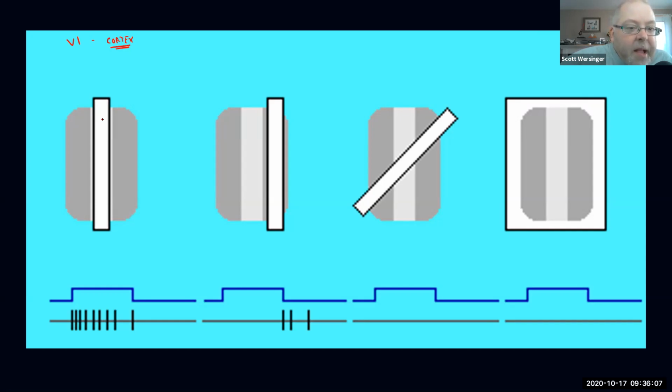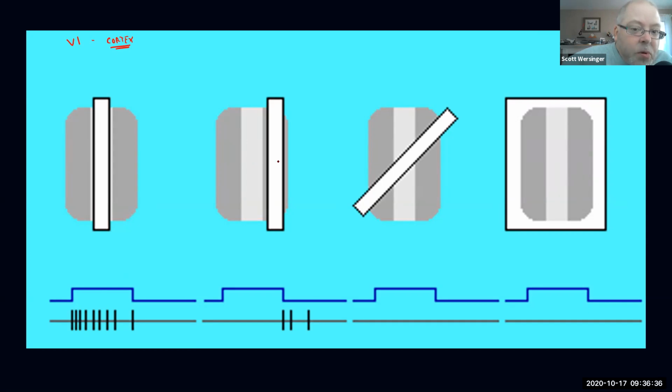Okay? A simple cell is going to respond to a bar of light in a specific orientation. Now, if that bar of light happens to be in the center, we get an increase in action potentials. Okay, so here the bar of light is in the center. We get lots of action potentials.